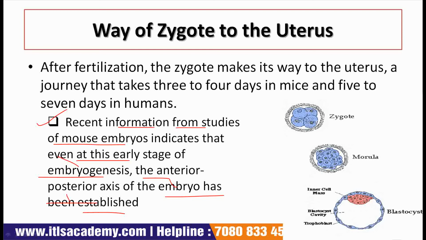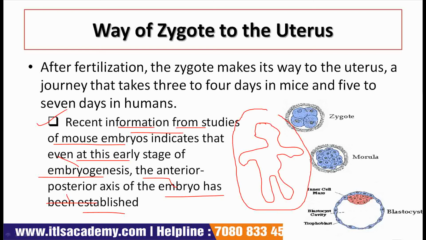What does it mean? How can it define the overall fate of the embryo? So patterning or axis formation becomes a crucial step. Although this is a very funny diagram, you can consider it. If there will not be an axis, then you can see here there is not a proper patterning.